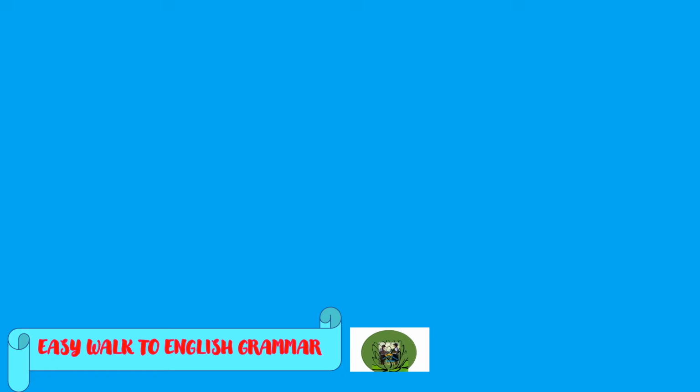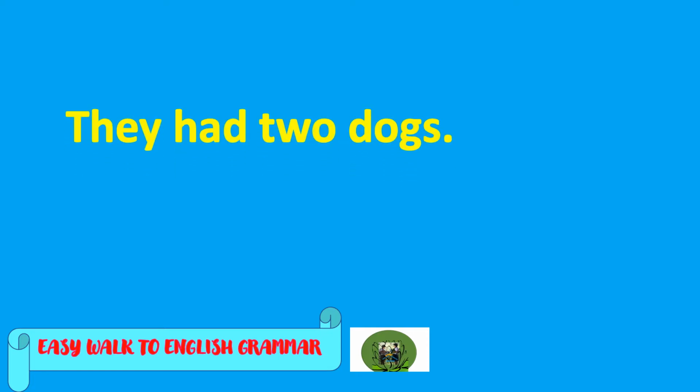Both those examples we dealt with now are something related to present tense. Imagine that they have no dogs with them now, but they had those two dogs in some past days.